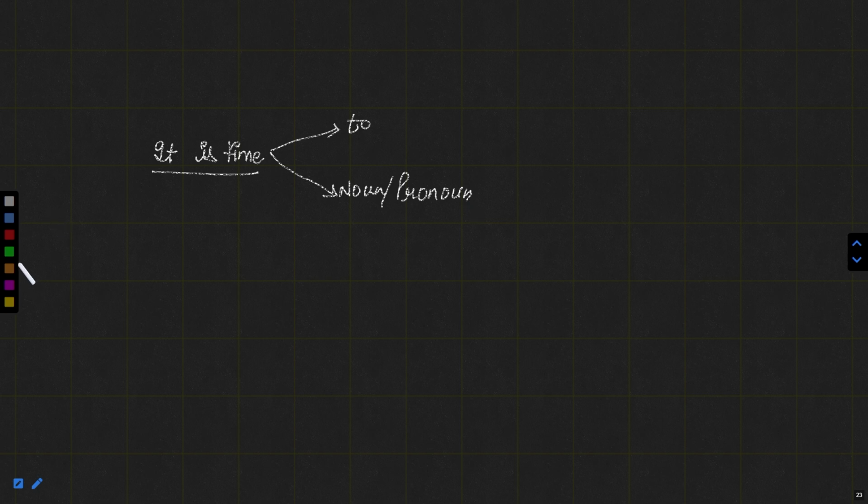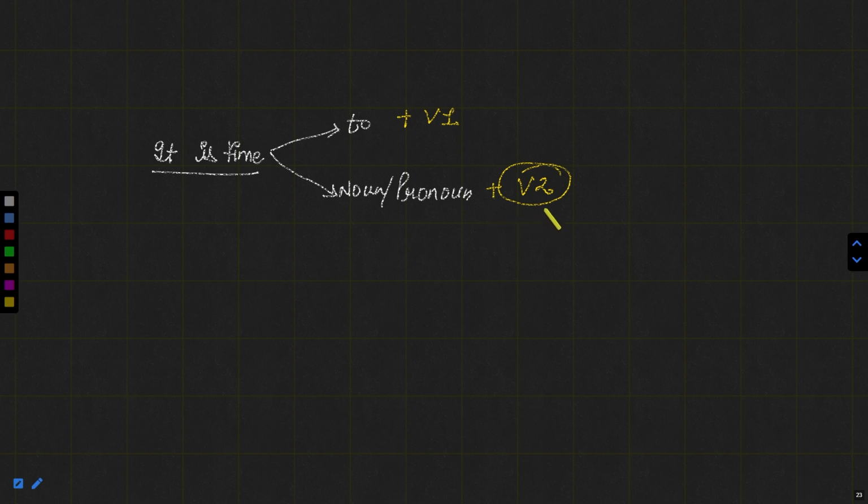If there is a preposition to, what we do, we only write verb first form. For example, it is time to go there, it is time to learn something. So to learn, to go, to dance, that is fine. But if it is time expression or it is high time expression or it is about time expression is followed by a noun or a pronoun, it should be followed by a verb second form only.